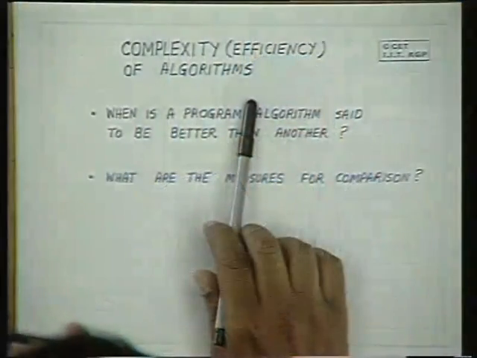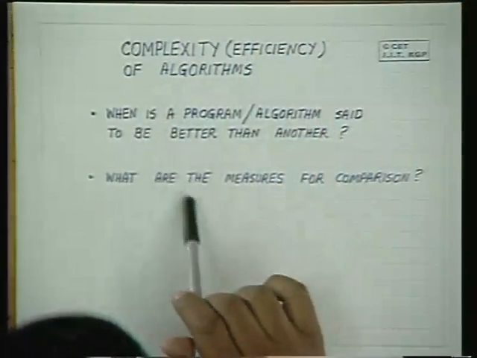The foundation of all these things will lie in the concept of efficiency of an algorithm or the complexity of an algorithm, and this matter must be understood first before we proceed towards designing good algorithms and data structures. So the topic of today's lecture will be an introduction to the complexity or efficiency of algorithms.